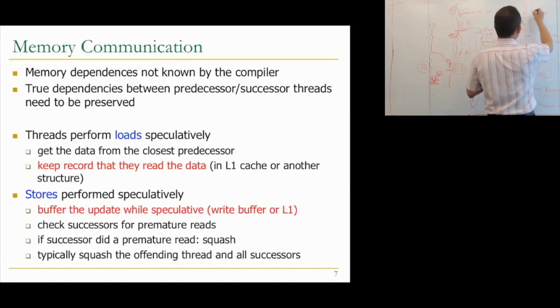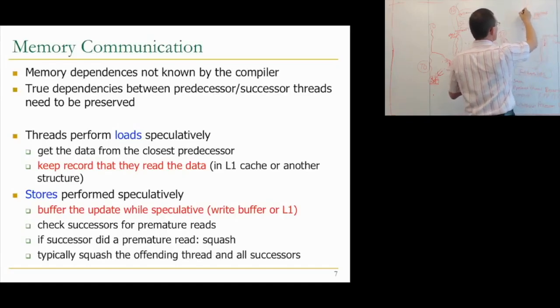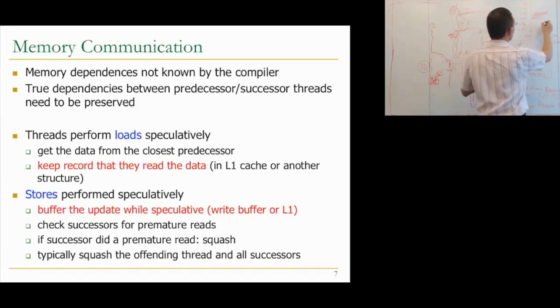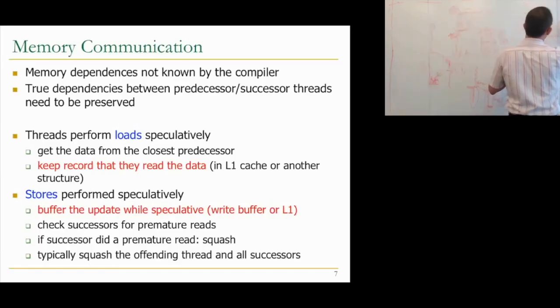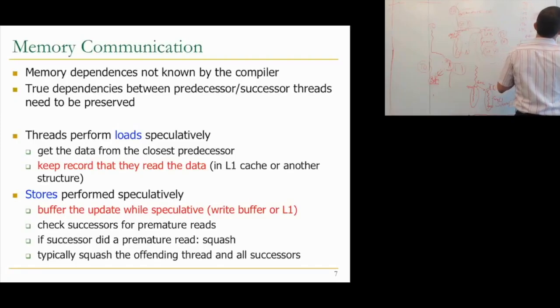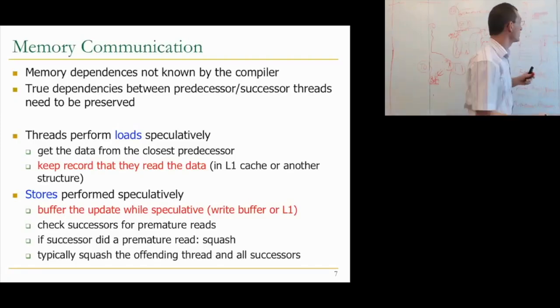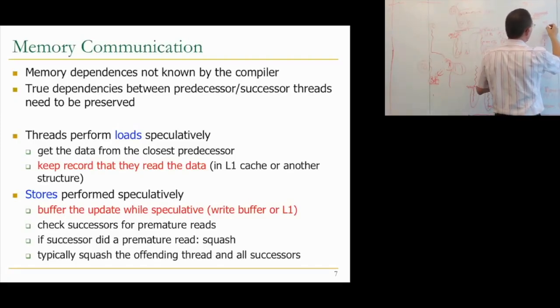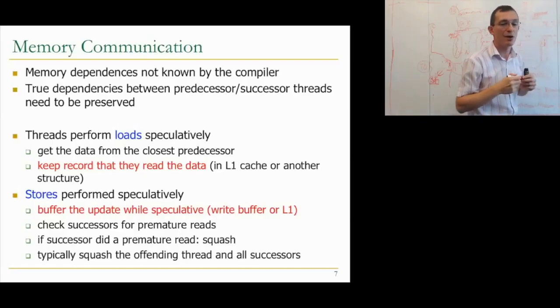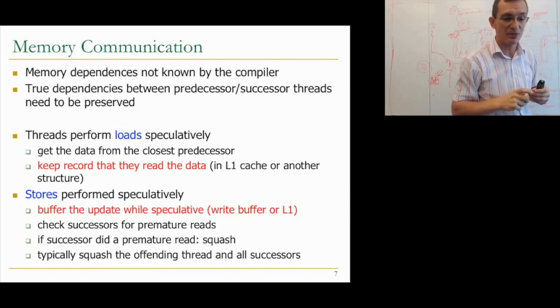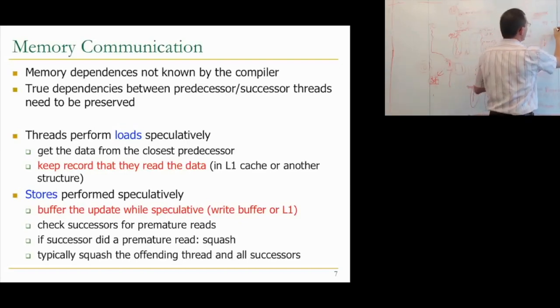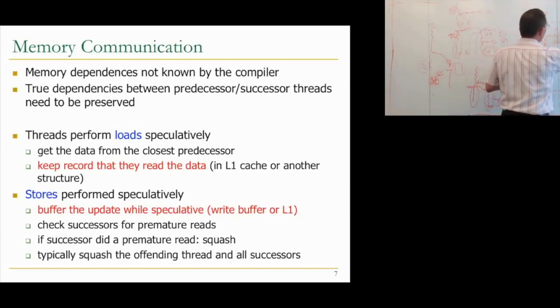In this case, you're taking these threads, or chunks of execution that are supposed to be sequentially ordered, and executing them in parallel, and checking if they actually violate any load-store dependencies. So every thread can do the loads speculatively.